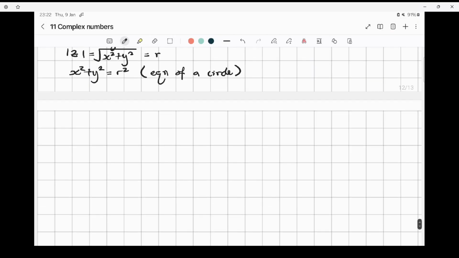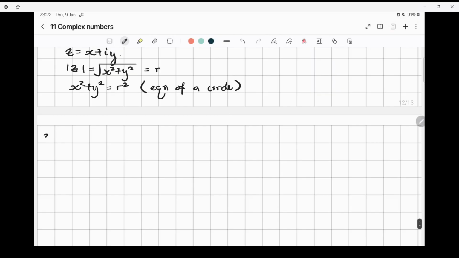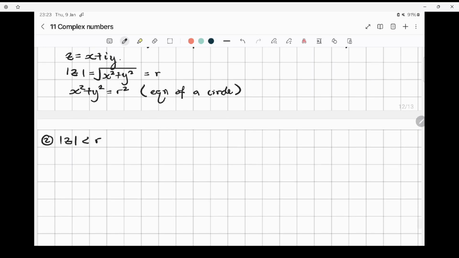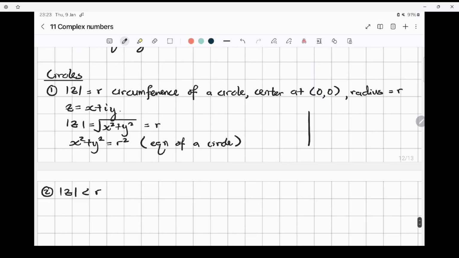So if you see modulus of z smaller than r, okay, so for this diagram, what you will need to draw is this.